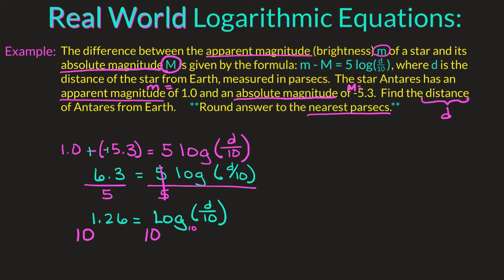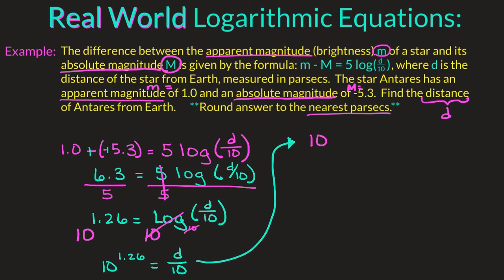So now we have the 10 and log base 10 cancel, giving us 10 to the 1.26 power equals d divided by 10. I'm going to go over to the side so we have a little bit more room to work and rewrite our problem.